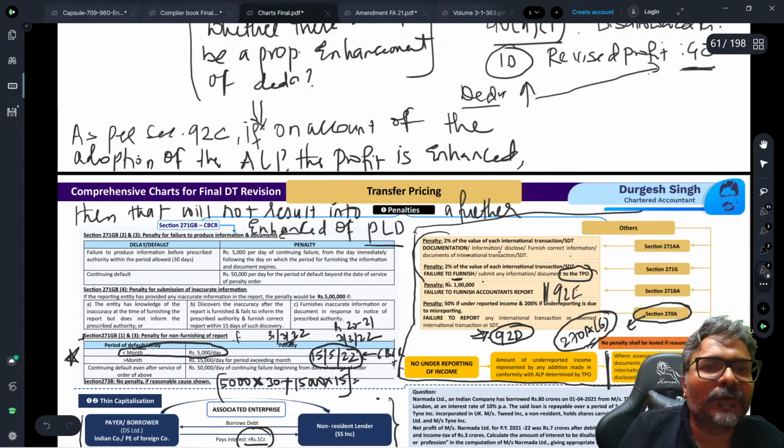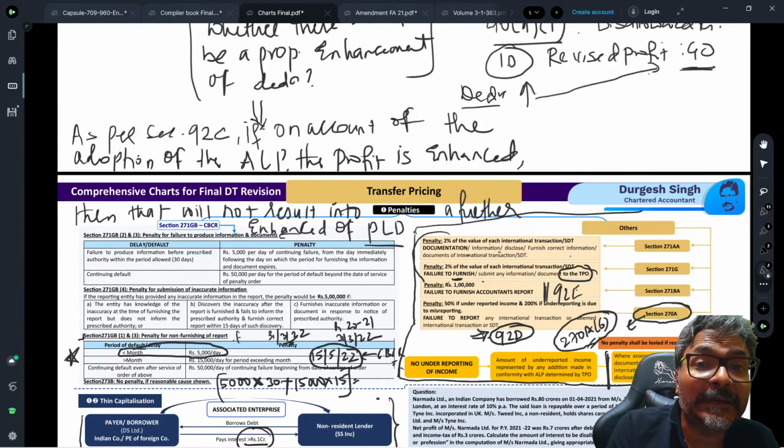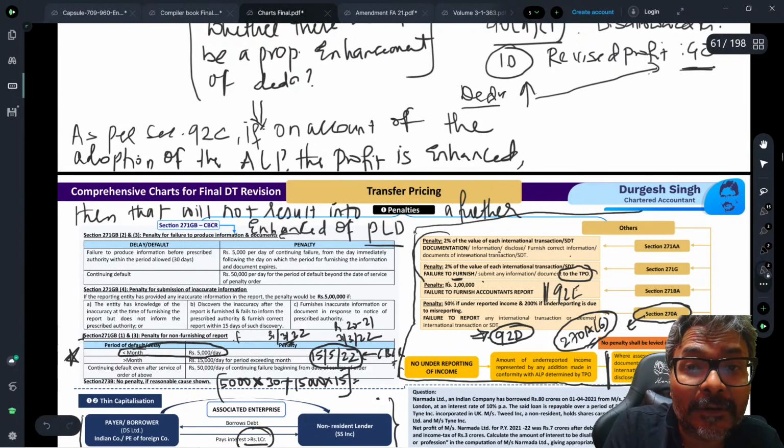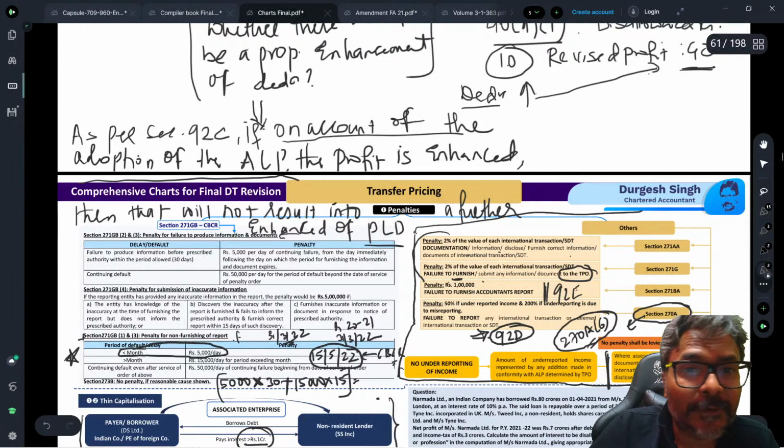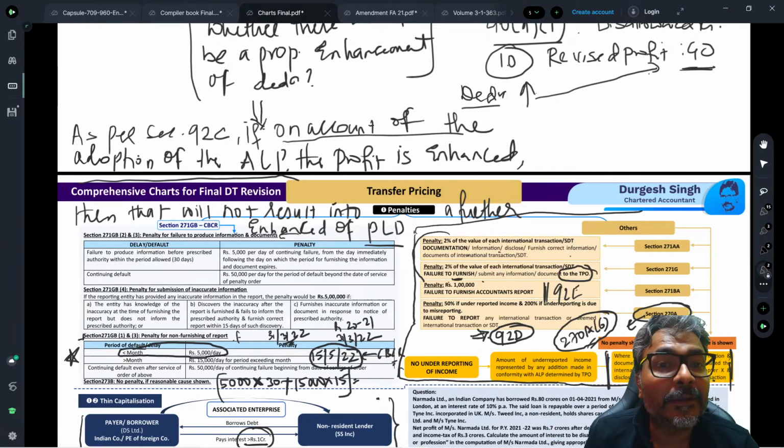I'm just writing the short form, PLD. What is PLD? Profit linked deduction. As per section 92C, if on account of the adoption of ALP, please underline the words on account of the adoption of the ALP, the profit is enhanced, then that will not result in enhancement of the profit linked deduction. Full stop.